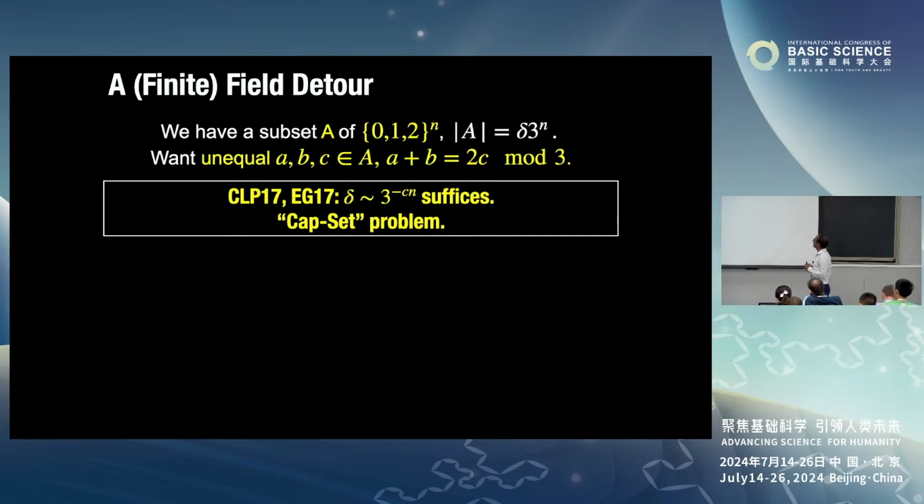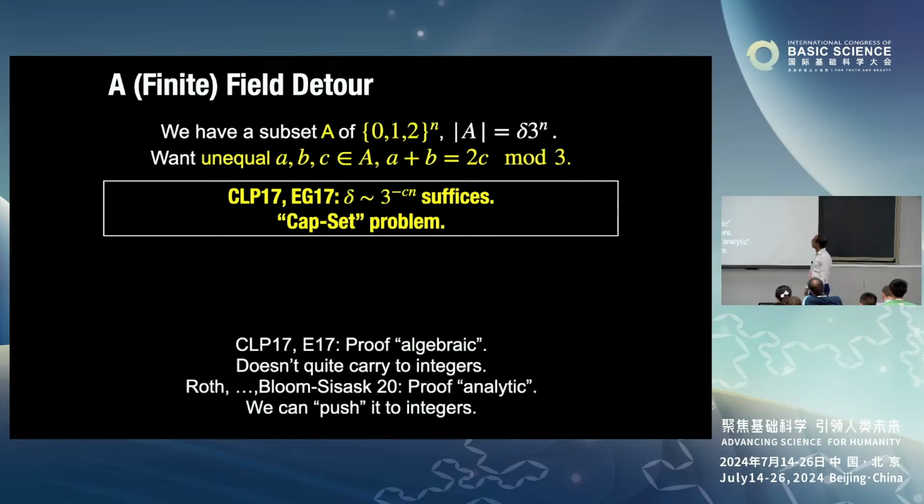Over finite fields or modular arithmetic, the landscape is different. So the proofs using algebraic methods, the polynomial method, don't quite carry over to integers, right? For a good reason, because we know that such strong bounds are false over integers.